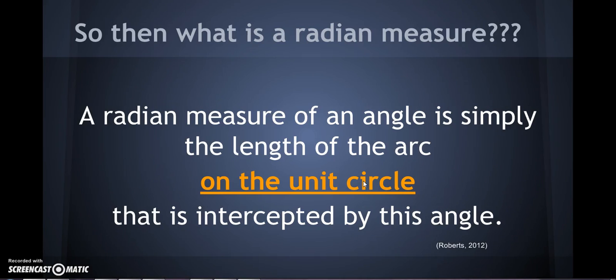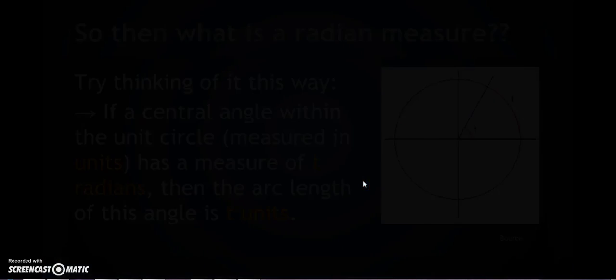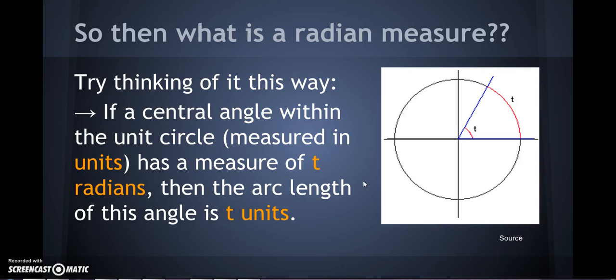Alright, so just to spell it out plainly, a radian measure of an angle is simply the length of the arc on the unit circle which is intercepted by this angle. Another way to think about it: if you have a central angle within a unit circle, measured in some units like feet, and that angle has a measure of t radians, then the arc length is going to be t units, or t feet.